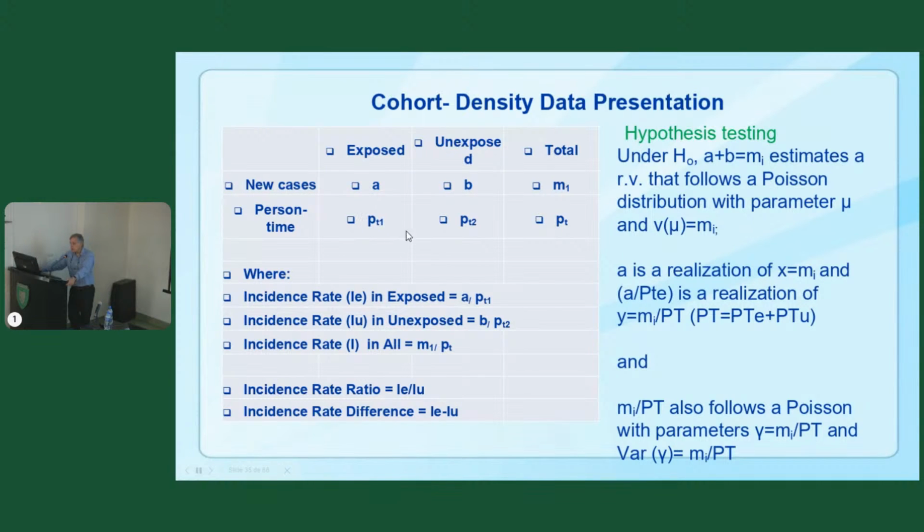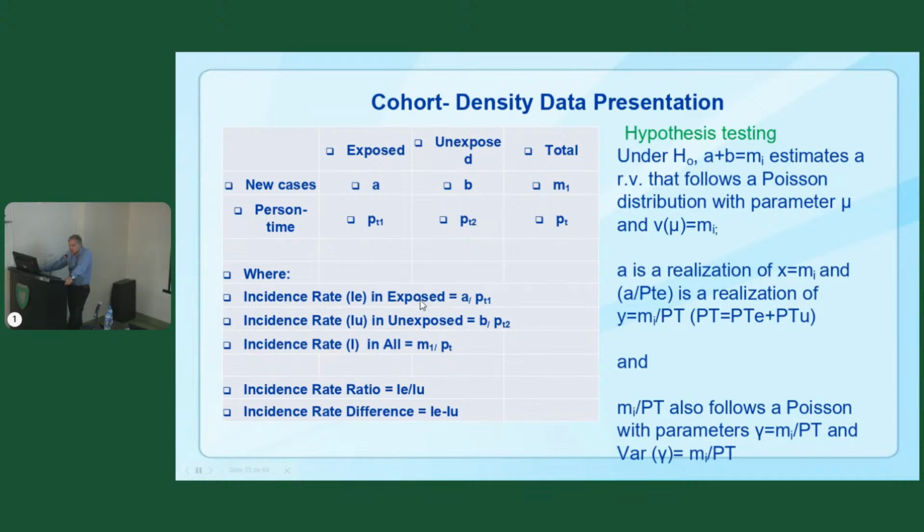I'm following them up over time. And then you have your person-time. We sum them up and calculate the incidence rate. A divided by PT1, that's the incidence rate for the exposed. B divided by PT2 is the incidence rate for the unexposed. Because I am doing a cohort study, I'm not interested in M1 divided by PT. So you have the incidence rate in the exposed, the incidence rate in the unexposed.